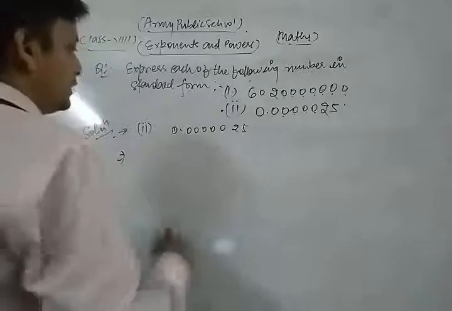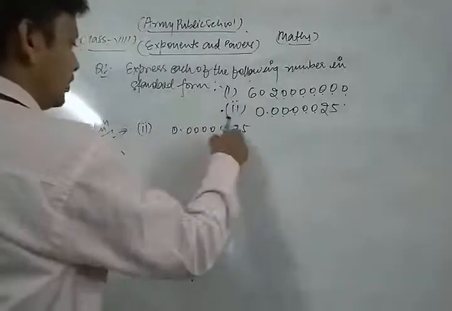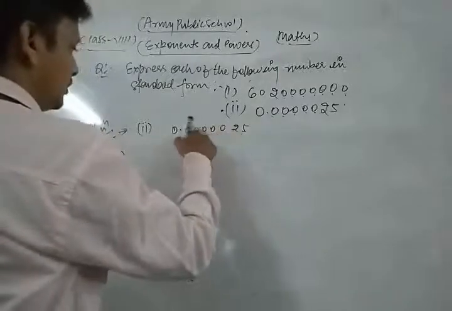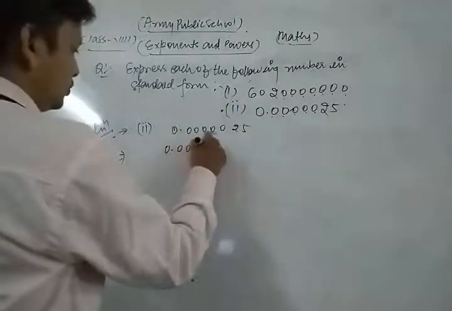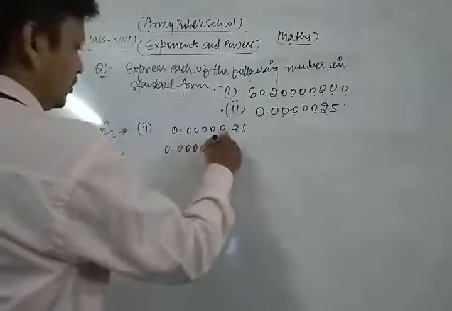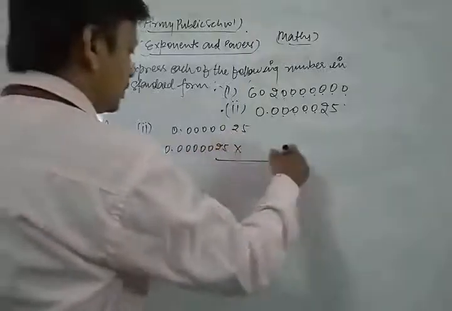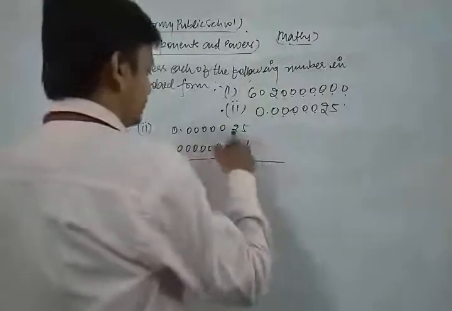We multiply this number in the numerator and denominator by 1 2 3 4 5 6 7.